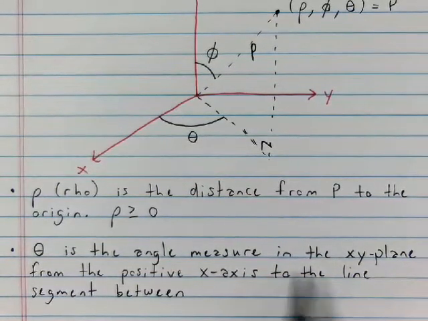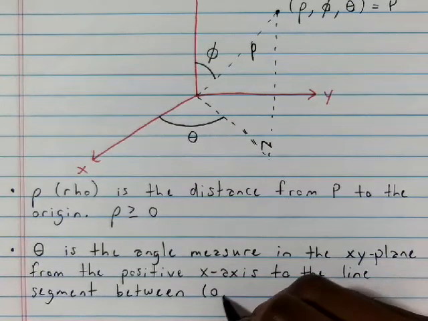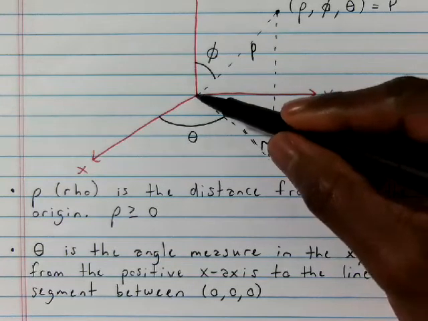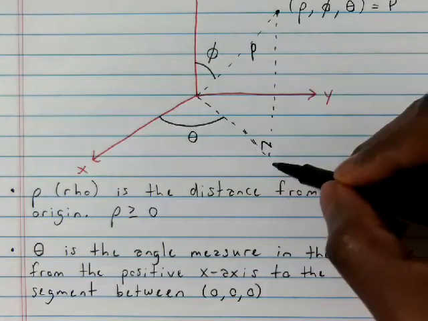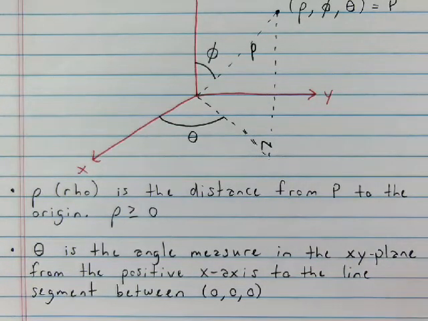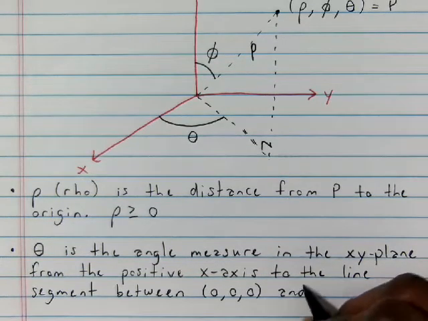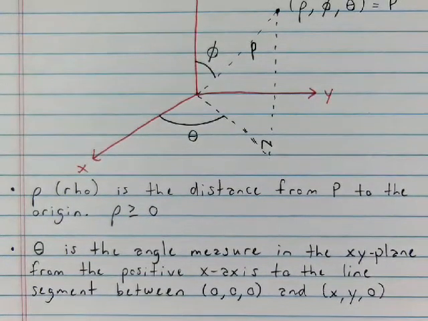Now I already said we were in the xy plane, but I'm going to reiterate that, because I'm going to put a z coordinate on there of 0. Since we're still in the x, y, z coordinate system, this would be x, y, 0. So between 0, 0, 0 and x, y, 0. And theta can be anything between 0 and 2 pi.